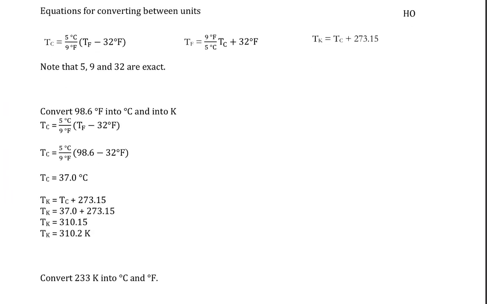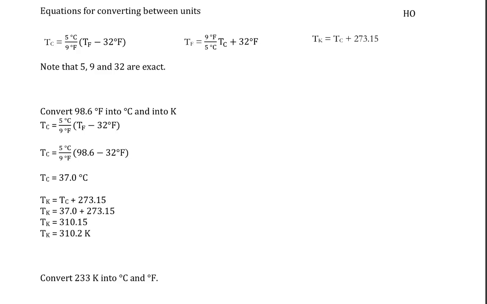So here are equations for converting between units. To go from Fahrenheit to Celsius, we use the first conversion. From Celsius to Fahrenheit, the second, and then from Celsius to Kelvin, the third.